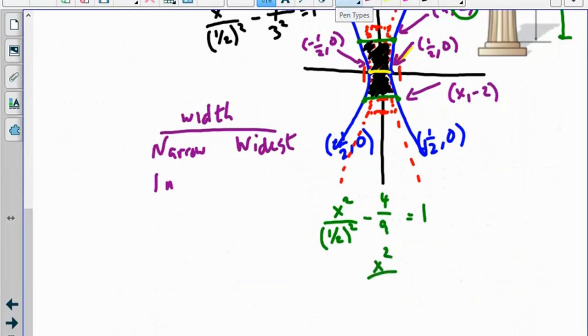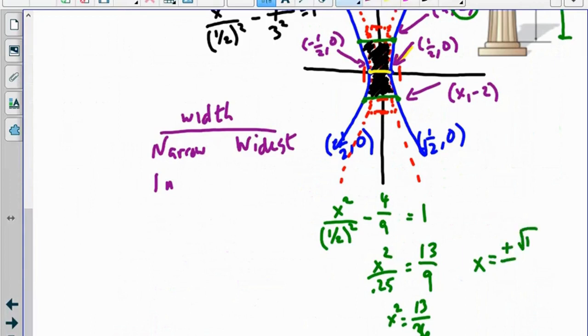I have x squared over 0.25 equals 13/9. If I multiply both sides by 0.25, that's the same thing as multiplying both sides by 1/4. So I have x squared equals 13 over 36. Then I take the square root of both sides. I get x equals plus or minus the square root of 13 over 6.